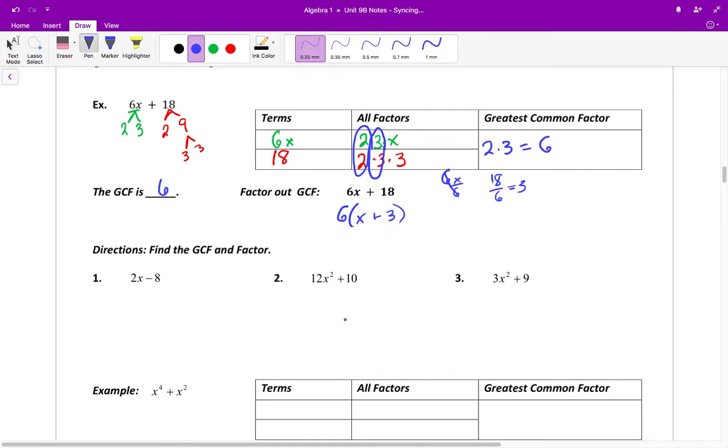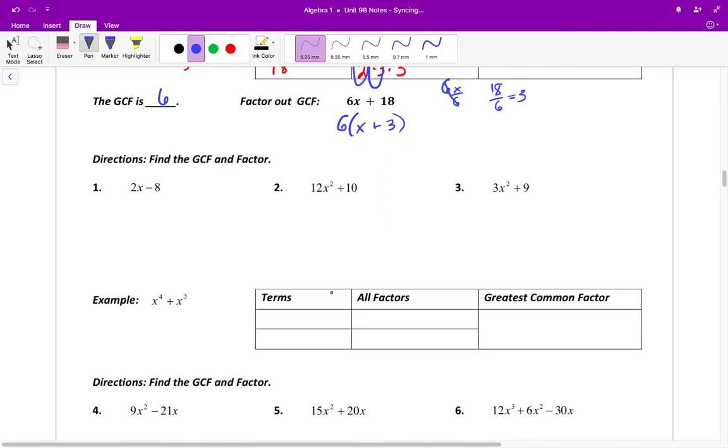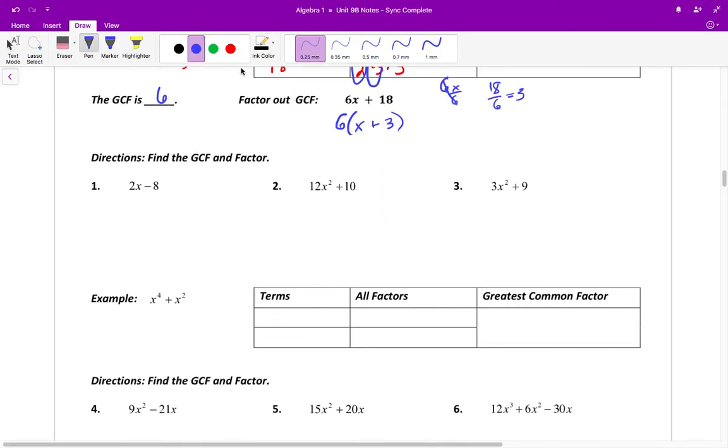All right, so let's do that for each of these examples 1, 2, and 3. We're not going to go all the way through writing out all their factors, but we're going to at least try to find the biggest number you can divide by. So looking at the numbers 2x and 8, the biggest number you can divide by, I'll give you a chance to think about that.